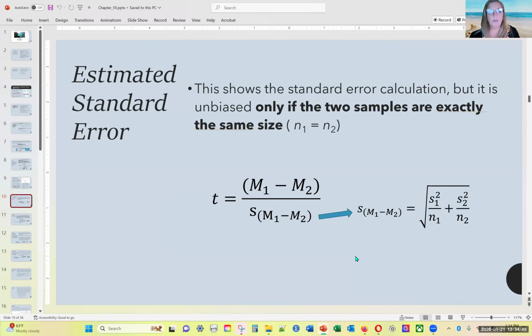All right, so here this shows the standard error calculation, but it's unbiased only if the two samples are exactly the same size. So that means you've collected a sample for group 1 and another sample from group 2, and both n's for each sample have to be the same in order for it to be unbiased.